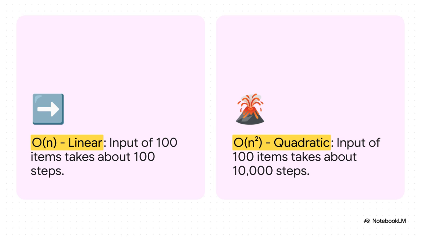Just look at this. For an input of 100 items, a linear algorithm, O of n, takes about 100 steps. Makes sense. But a quadratic one, O of n squared, whoa, we're already at 10,000 steps. And as that input number grows, that gap becomes absolutely astronomical. Knowing the big O is critical.